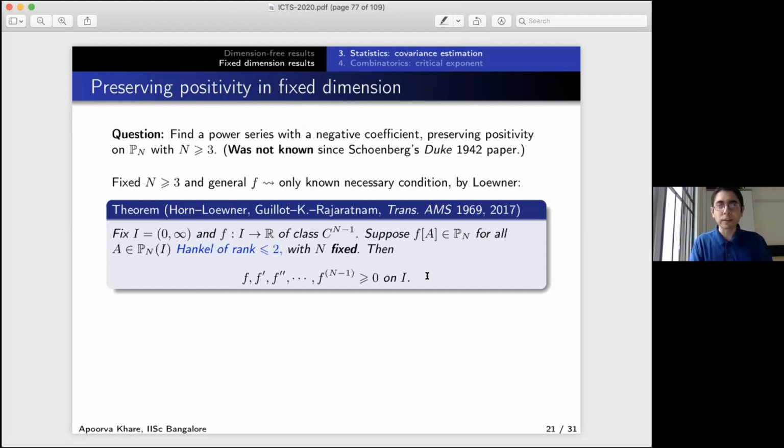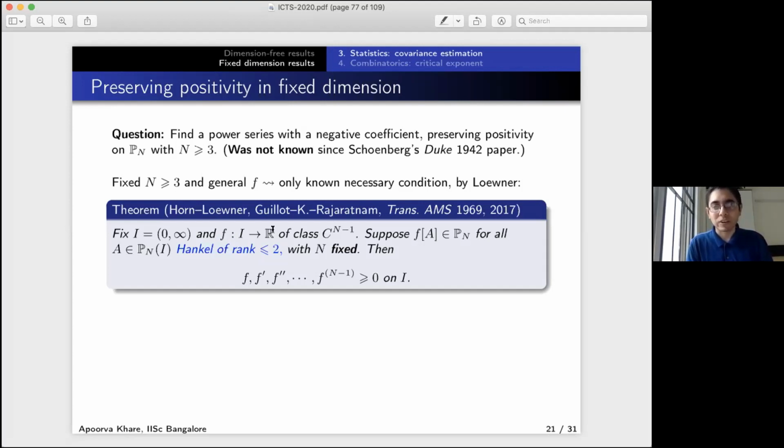So that was one condition that was known from Horn's thesis, and in the spirit of Schoenberg and Rudin. So this result is by Loewner. Horn was his PhD student, and he cited this result of Loewner's. They proved it for continuous functions, and in the spirit of Rudin, we removed with Dominic Gio and Bala Rajaratnam, we removed that continuity. So you don't need to make any assumptions on the function.